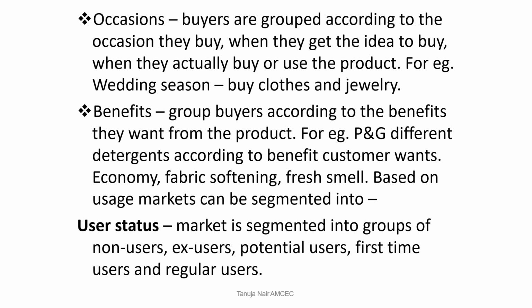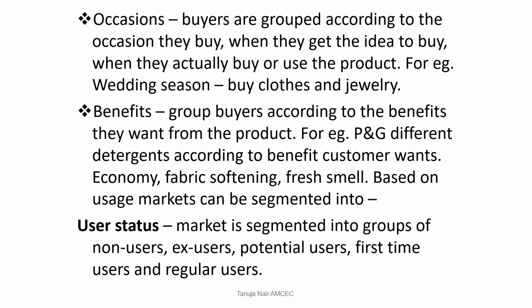So if you take detergent, Procter and Gamble's detergent provides different benefits. There is an economy detergent which is less priced, then a detergent which softens the fabric, and another which provides a fresh smell. All these are different segments for the detergent market.